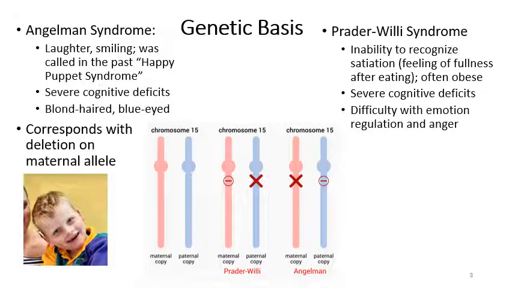On the other hand, if the deletion is on the paternal copy or the paternal allele, we have Prader-Willi syndrome. One characteristic is that a child cannot recognize satiation. They can eat and they'll never have a sensation of feeling full. So they can often be obese if they're not monitored by someone. And we also have severe cognitive deficits, this mental retardation, and this child will have difficulty with emotion regulation and anger as well.